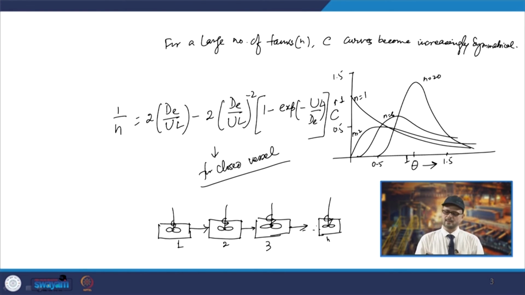For this first tank, the mixing is more, so the dispersion is more. It starts from here. However, if you go to the second tank, it has started and gone like this. For the third one it will be delayed from here, and it will go on delaying as you go towards larger values of n.